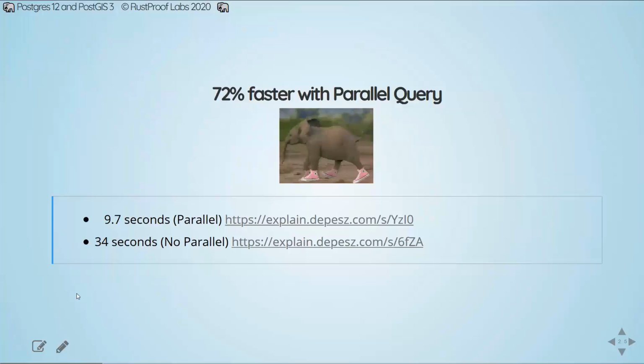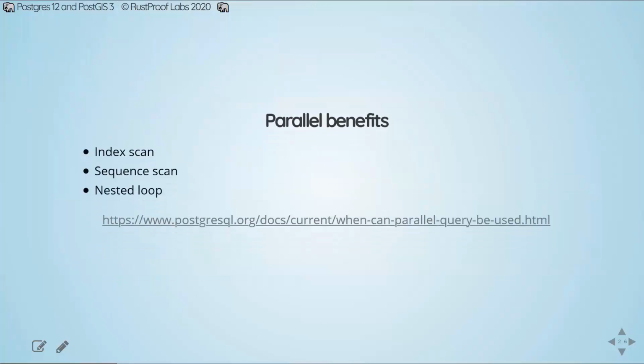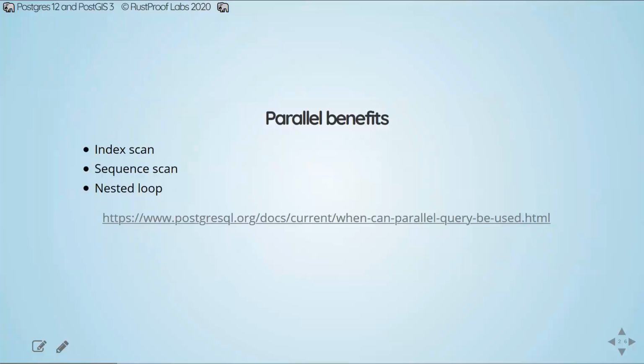So parallel query is working, and it can help your queries run faster. This particular query took advantage of it by the index scan, the sequence scan, as well as that loop. And in the prior session, I pointed out a couple times where a lot of our spatial queries will have a significant percentage of their execution time stuck in that index scan segment.